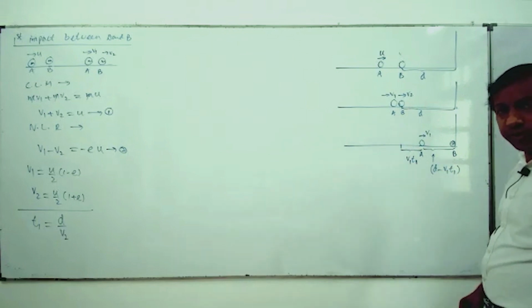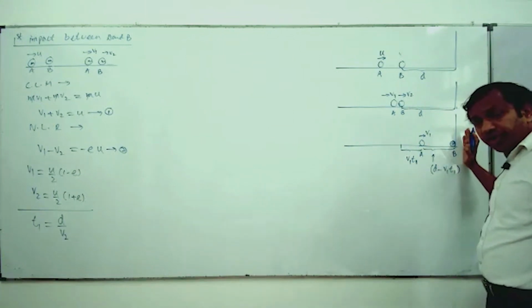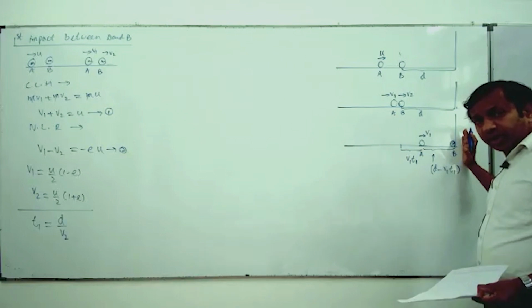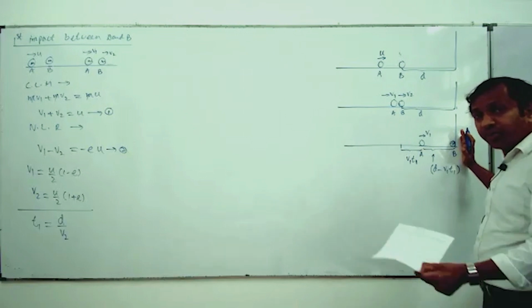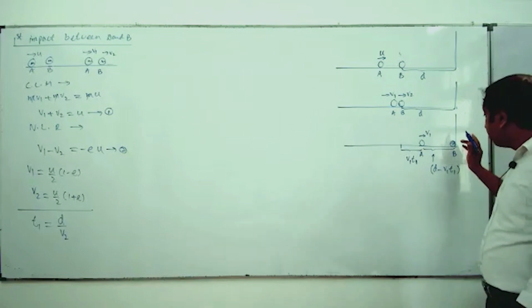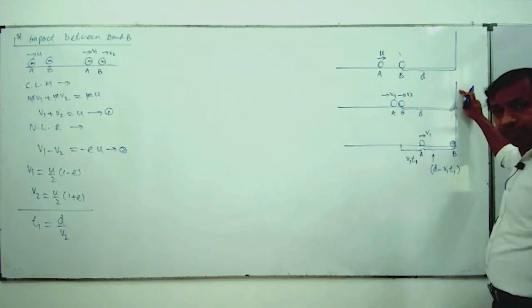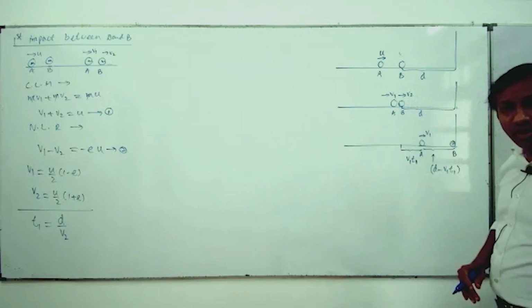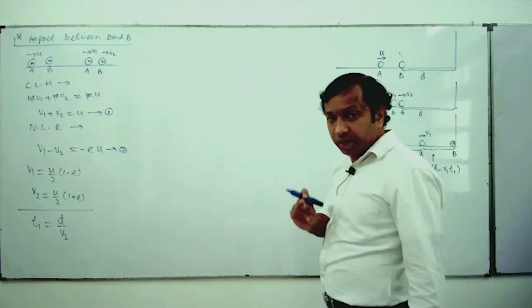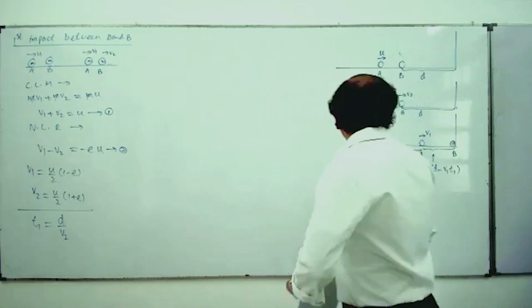Now what happens? Soon after going to the wall, the particle B strikes the wall and rebounds. So B goes to the wall with velocity V2, and it rebounds from the wall with velocity E times V2, this way.